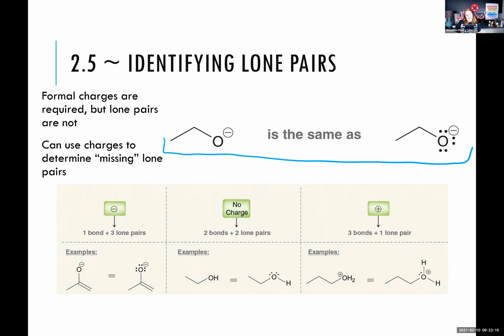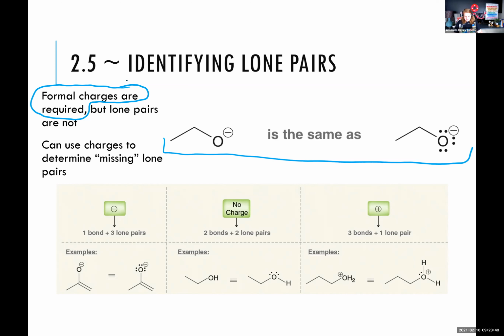So we don't have to write the lone pairs in, but we do have to write the formal charges in. If our atom has a positive or a negative charge, that does have to be included. The charges can be used to figure out how many lone pairs there are.